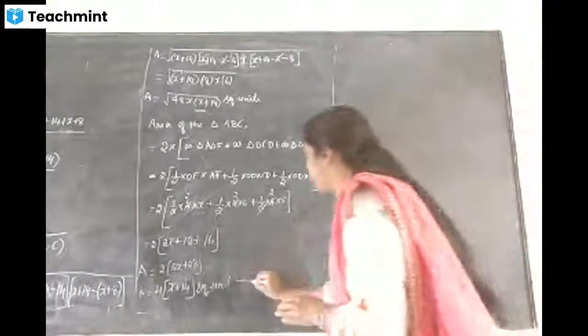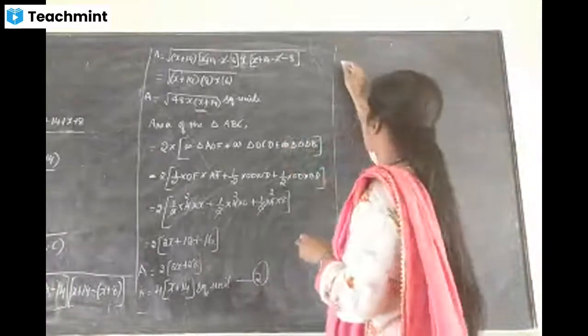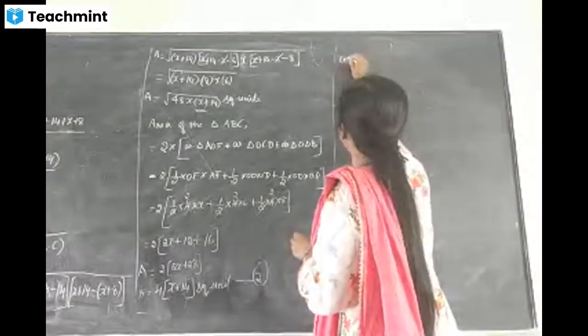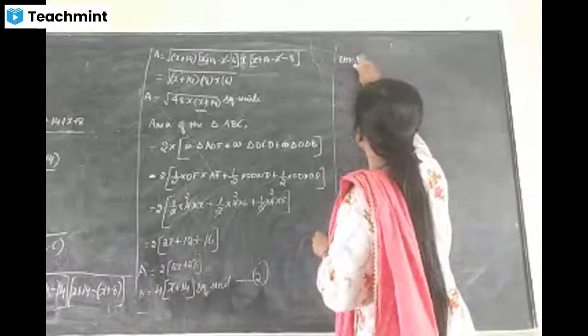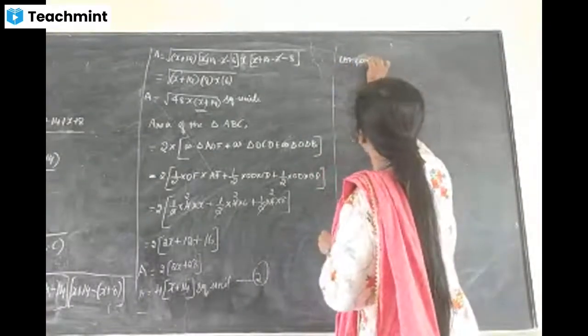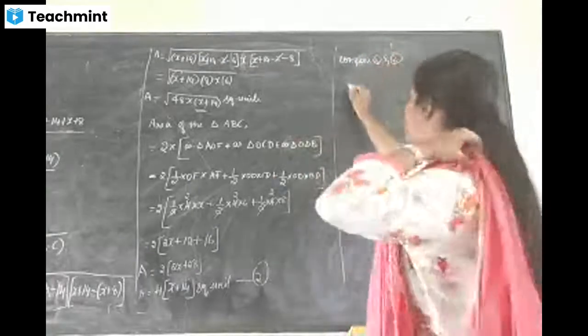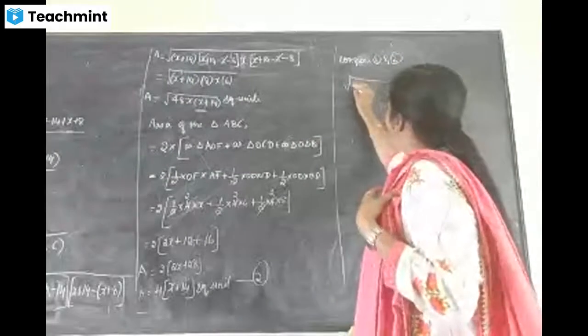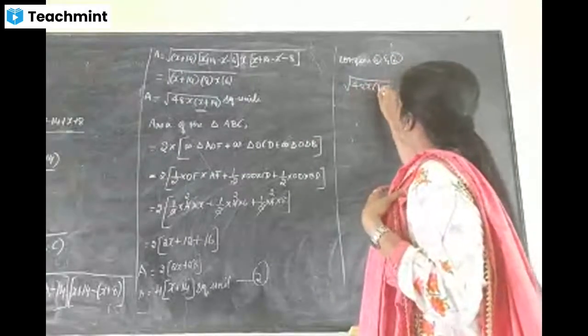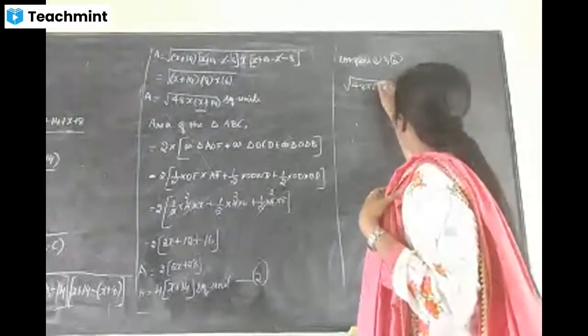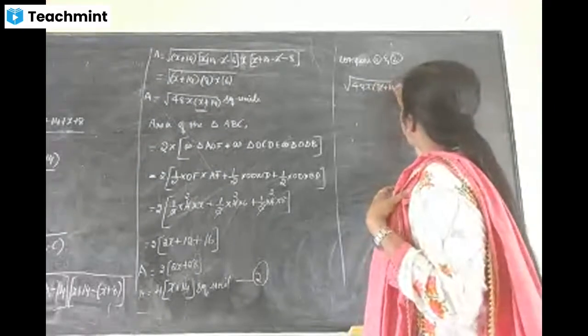Now compare equation 1 and equation 2. What does equation 1 say? Equation 1 says it's root of 48x into x plus 14.